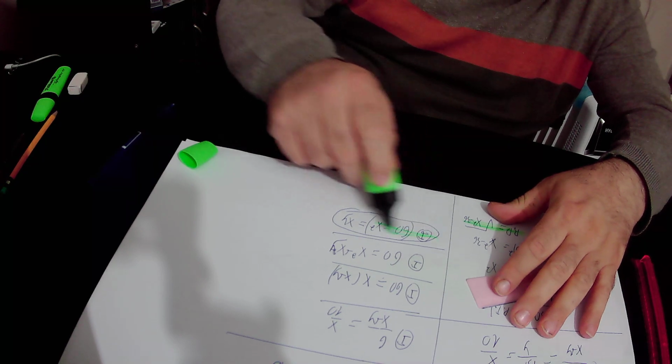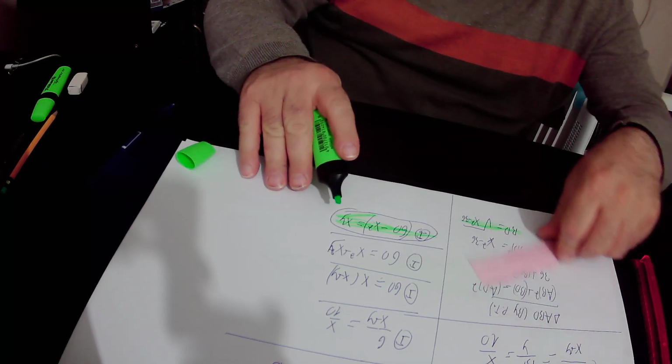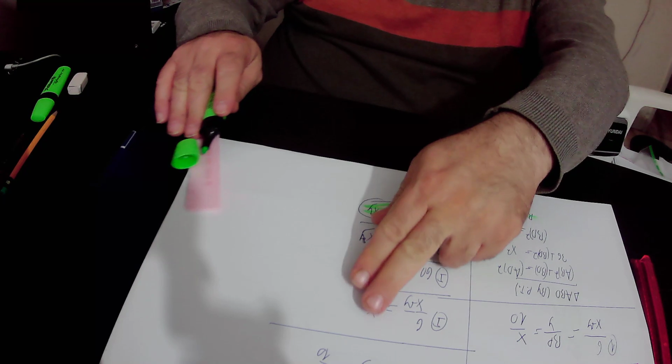In the next step, we create equation number 2 from this long equation.